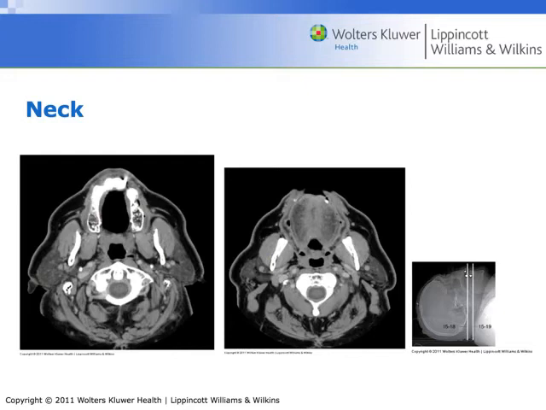Pharynx. Right. This is the glenoglossus muscle, so dealing with the tongue.